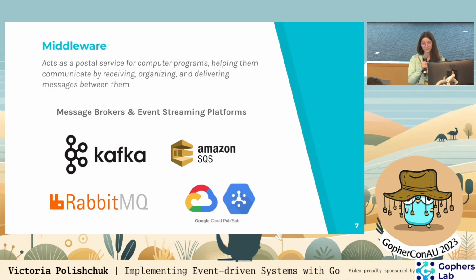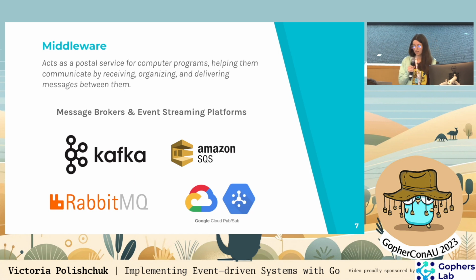Middleware. When building event-driven systems, we use middleware between applications. There are different types of middleware. It could be message brokers, could be event streaming platforms. They all have different benefits and they're suitable to different projects, but they all share a common similarity.